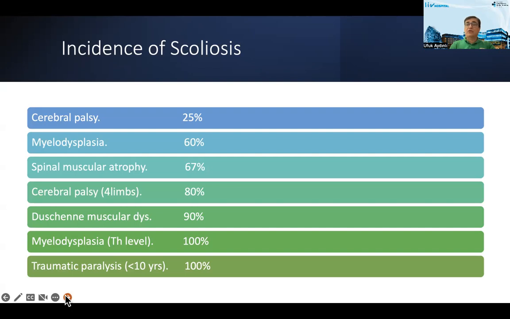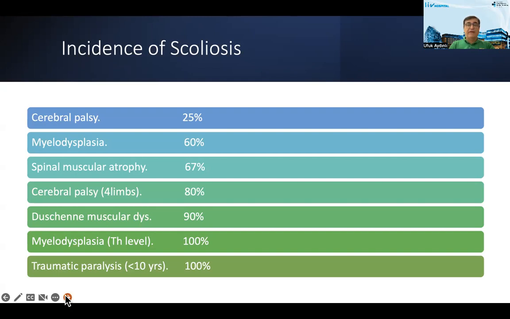also pediatric neurologists. So our job is to pass this information to these doctors, so that if they have a patient with these pathologies, they are aware of the incidence of scoliosis.